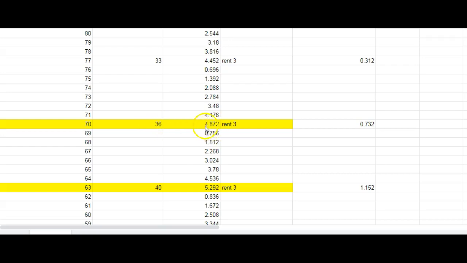But look what happens, because you've got extra money in your account, you've now got an extra 73 cents that's added over to the side here. And the same thing happens every single week from this point on, because you're going to have more money in your account by the end of the week than you need to actually rent.